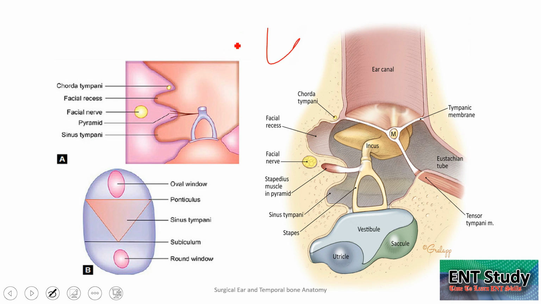So this would be your lateral side and this will be medial. This is obviously an axial view. So it has these two important recesses, or we could say spaces. The first one of which is the facial recess.